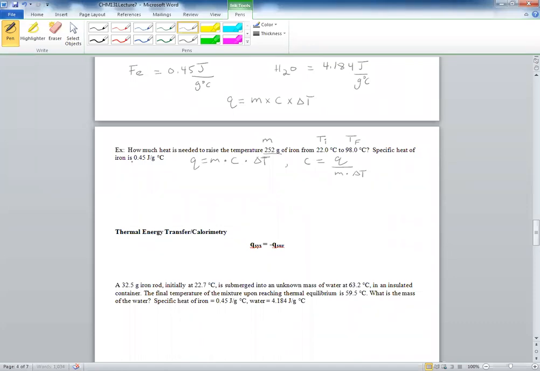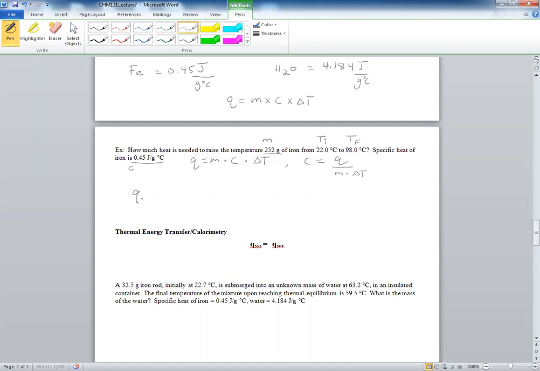The specific heat right here, that's going to be C. It's asking for heat, so we're solving for Q.